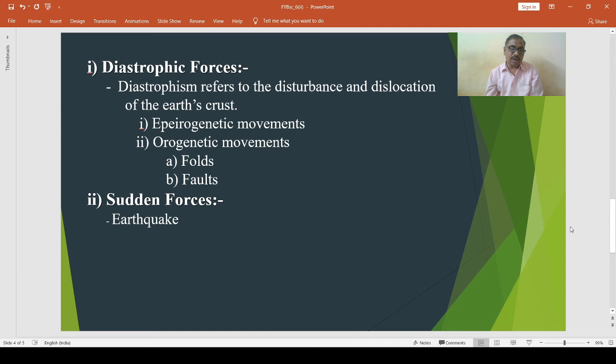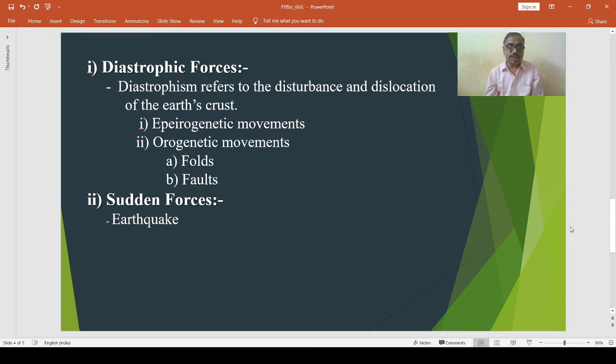The science of earthquakes is known as seismology. The place on the ground surface which is perpendicular to the focus, recording the seismic waves for the first time, is called epicenter. The magnitude or intensity of energy released by an earthquake is measured by the Richter scale.